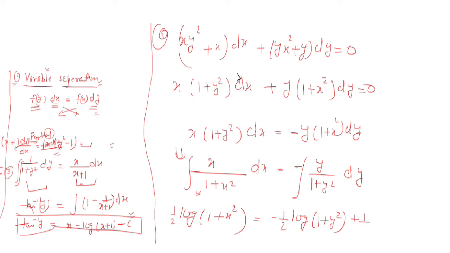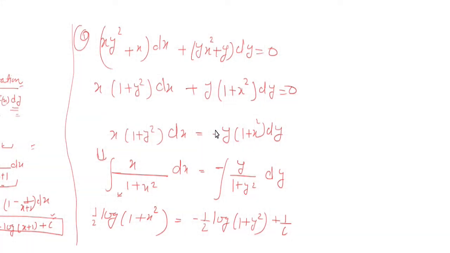This constant is your choice. Depending on the different questions you have to select different types of constants. You may take it as C or any other constant, and you can write the constant in a symmetric way as there is 1 by 2 in all terms. You can write it as C, the answer is correct, and you can also write it as 1 by 2 C, the answer will also be correct. So this 1 by 2 has been cancelled out.